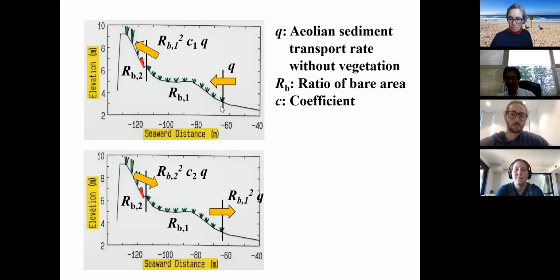So at the seaward limit of the investigation area, we assume fully developed aeolian sediment transport enters, and some of it is trapped here because of the vegetation in summer.